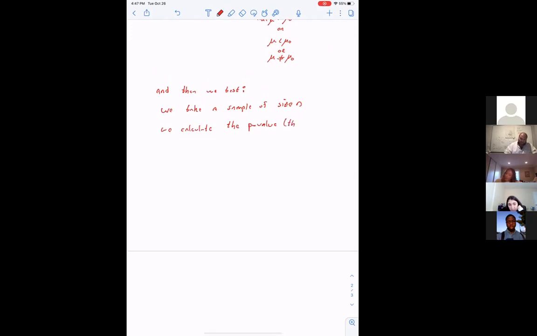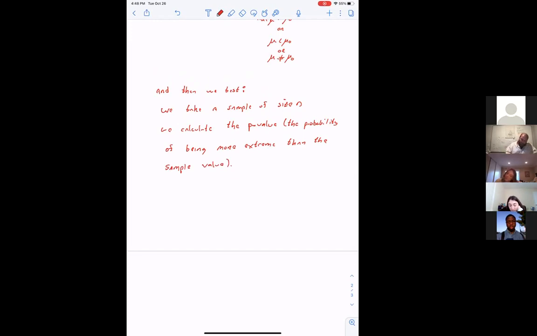Which is the probability of being more extreme than the sample value.